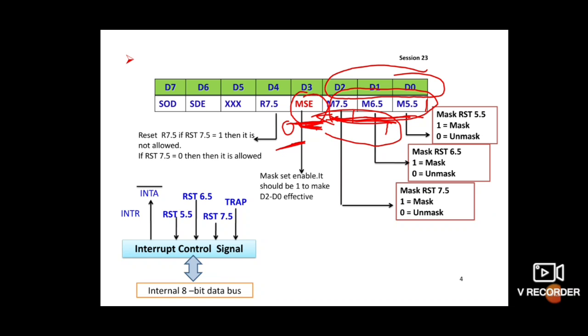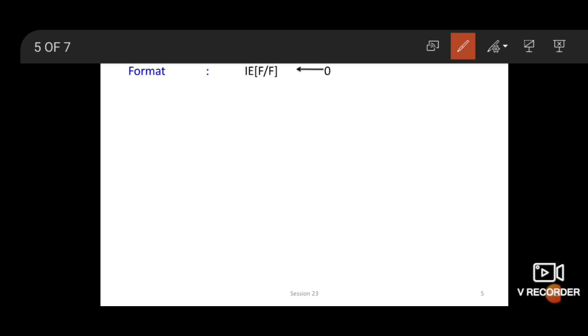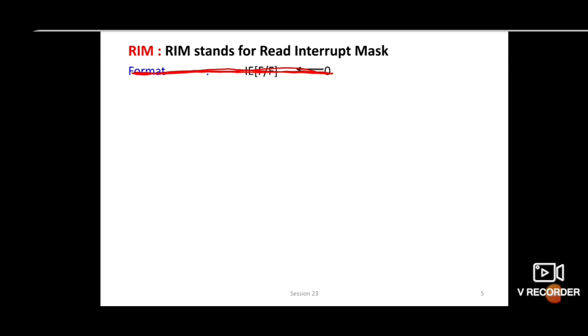Now see, next is the RIM instruction. RIM stands for read interrupt masks, the opposite of SIM. Sorry student, here also don't write any format. Addressing none. Byte is 1 byte.